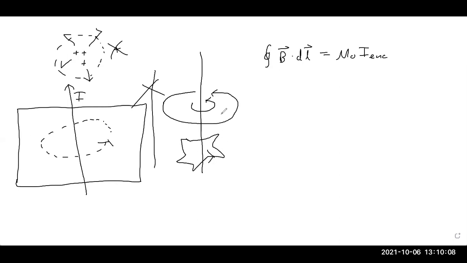So any closed loop that encircles the same amount of current will get the same magnetic field integrated along the path of that loop. This is a rule that has a handedness to it.